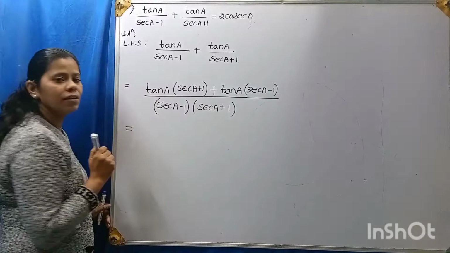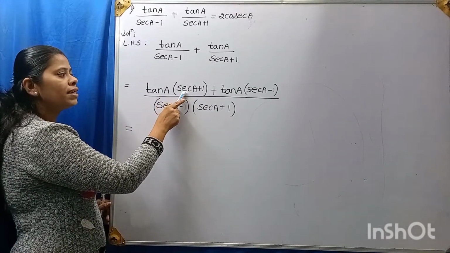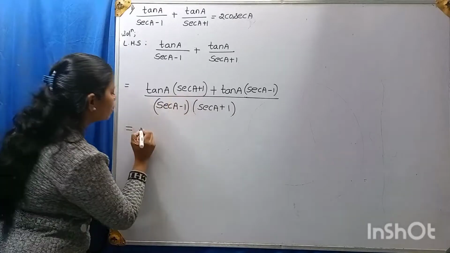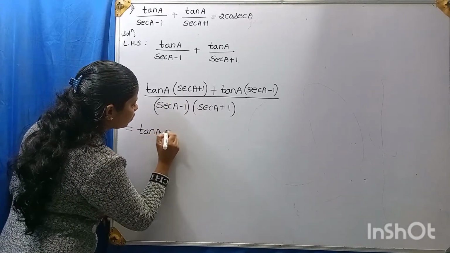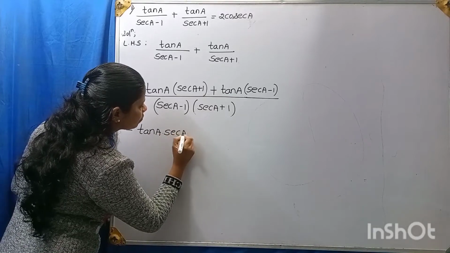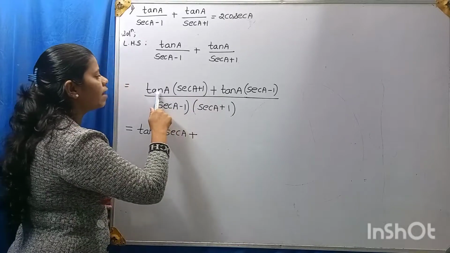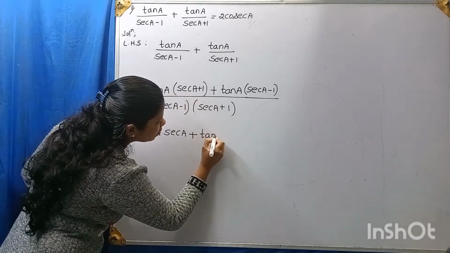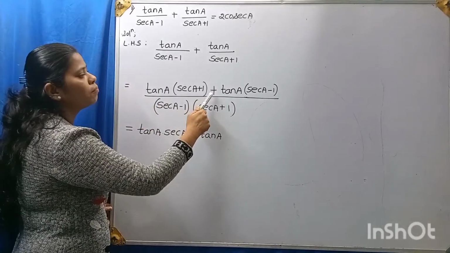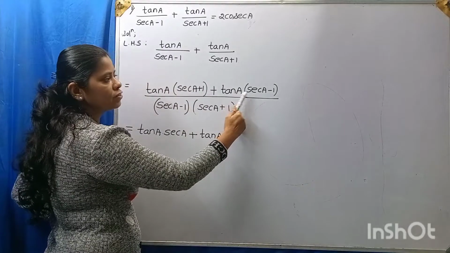Now let me multiply this one. Tan A into secant A plus tan A into 1 is tan A. Plus. Now let me multiply these two.